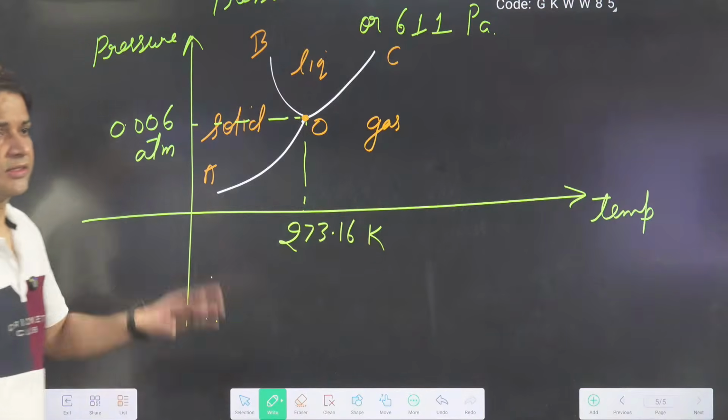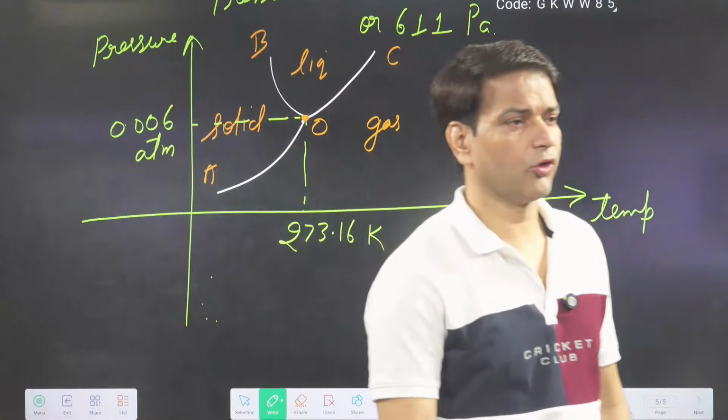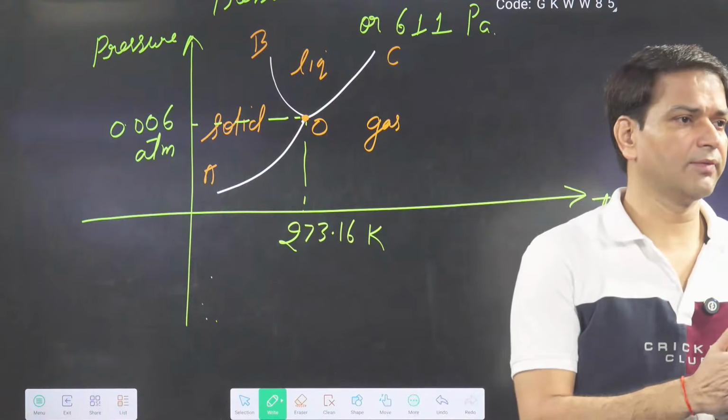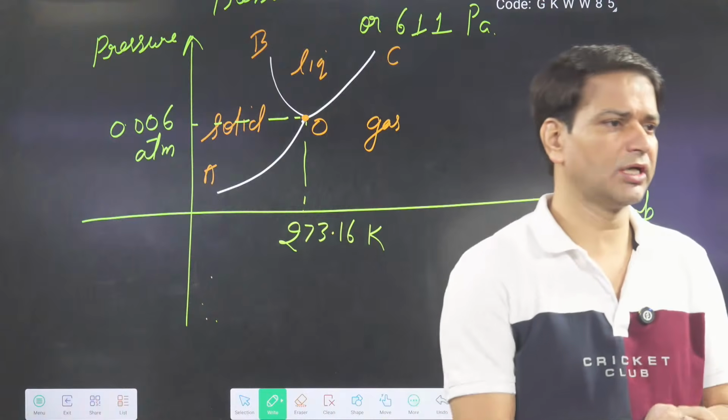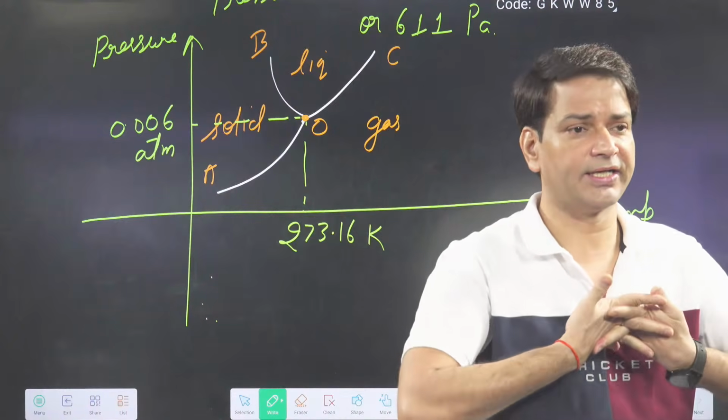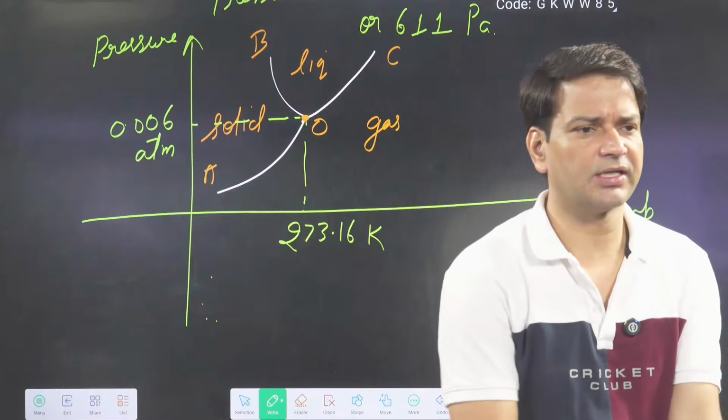Now listen here. This is the triple point curve for the water. Three different states we have. I have shown temperature. I gave at O the 273.16 Kelvin, and the pressure is what? 0.006 atm. In the Pascal, it will be 611 Pascal.